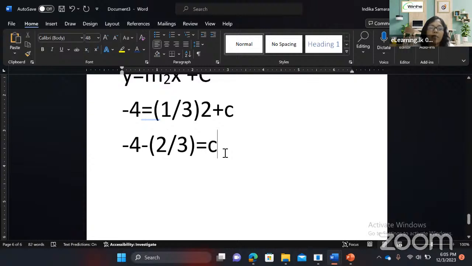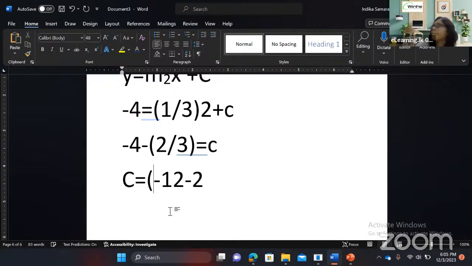C is equivalent to minus 12 minus 2, divided by 3, which is equal to minus 14 divided by 3.